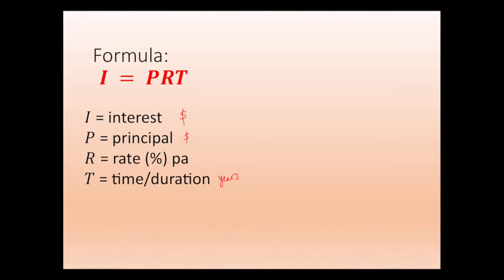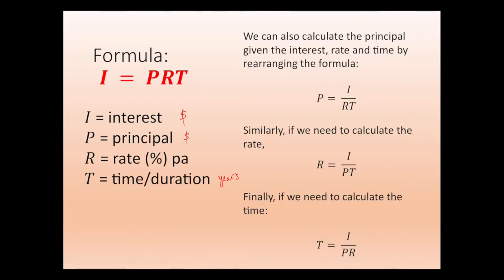Now, knowing this general formula, which is the one that I think you should write down, we could rearrange this formula to find the principal if you are given the interest, rate and time. Similarly, we can also calculate the rate if you are given the interest, principal and time.